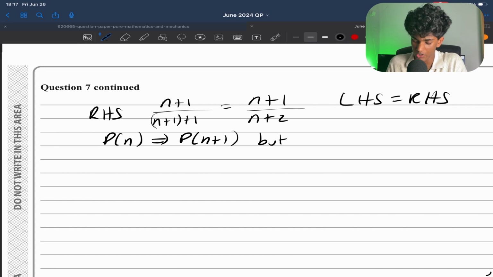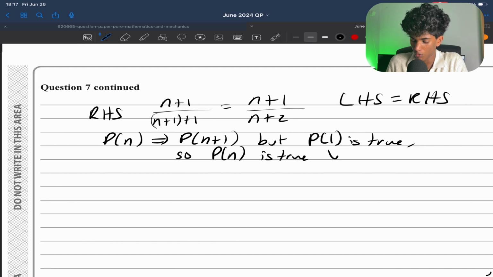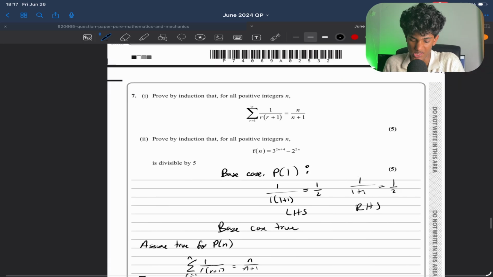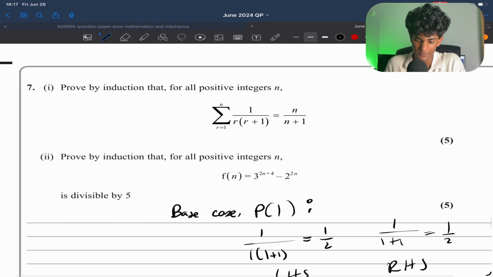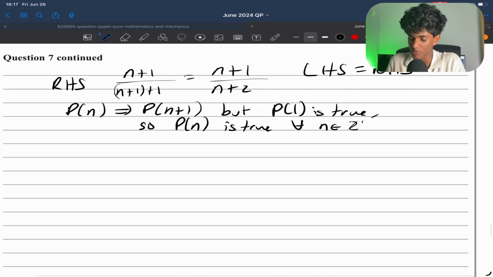But here is the induction bit. We know, because we have demonstrated, that p of 1 is true. So that means p of n is true for all n's which are integers greater than 1. Or it just says positive integers, yeah, that works. For all integers which are positive.